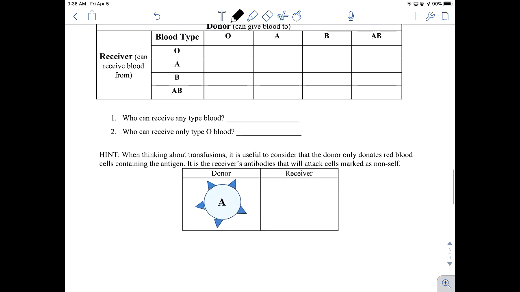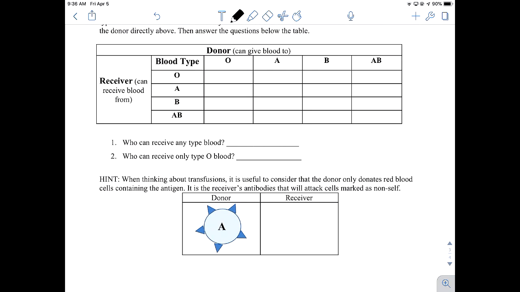I don't know what they want you to put in that box, so I guess we'll just leave it blank.